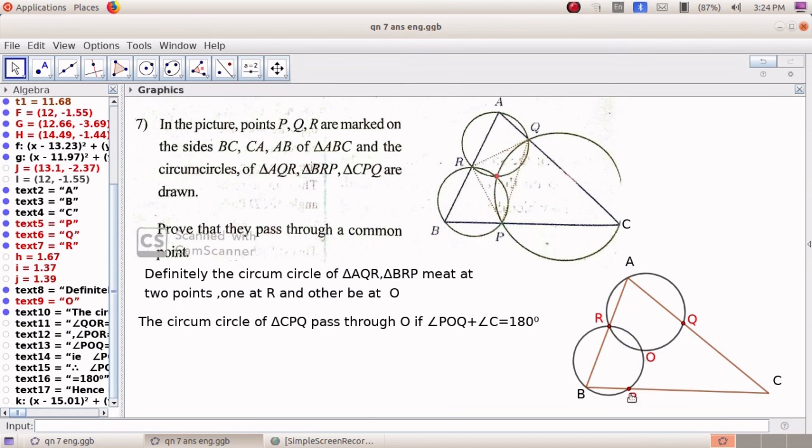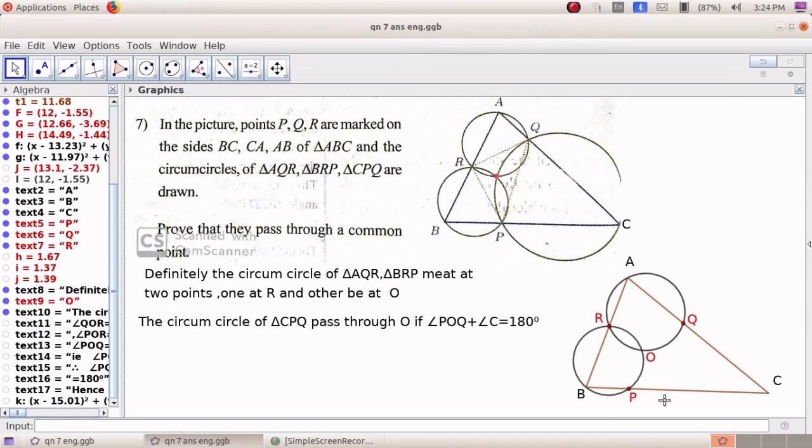For this, we need only to prove angle POQ plus angle C is 180 degree. If opposite angles of a quadrilateral are supplementary, the quadrilateral is cyclic. And so, we have to prove angle POQ plus angle C gives a sum of 180 degree.